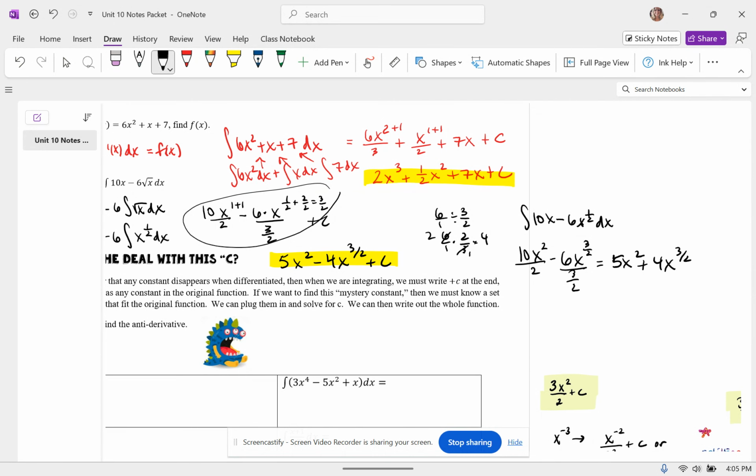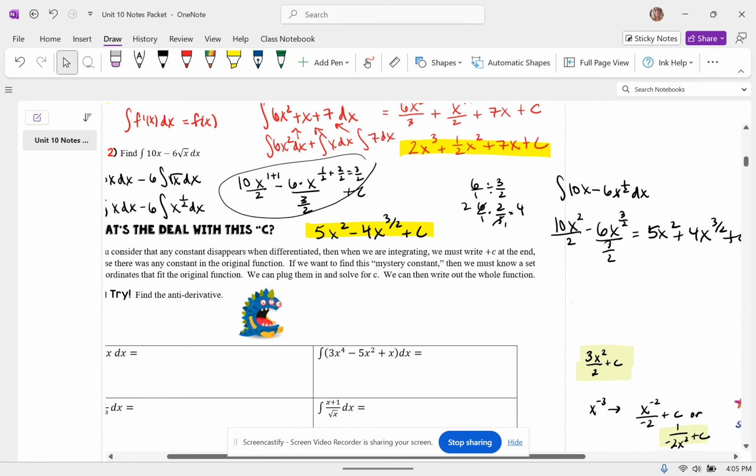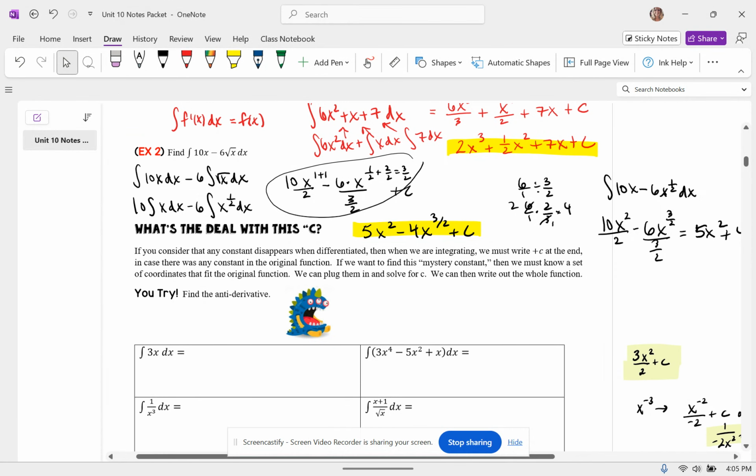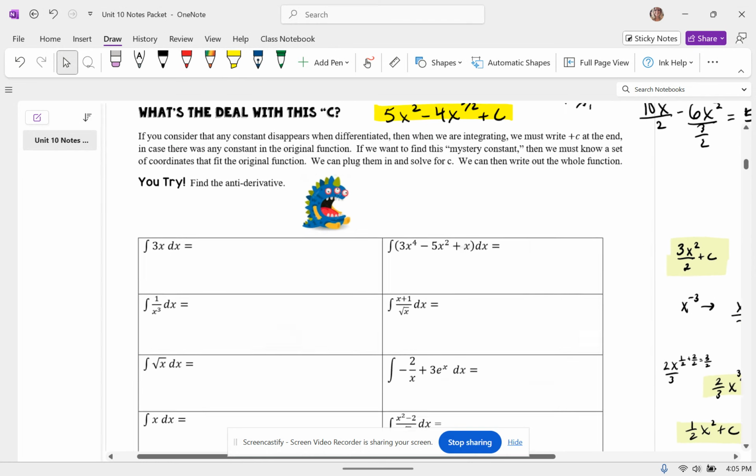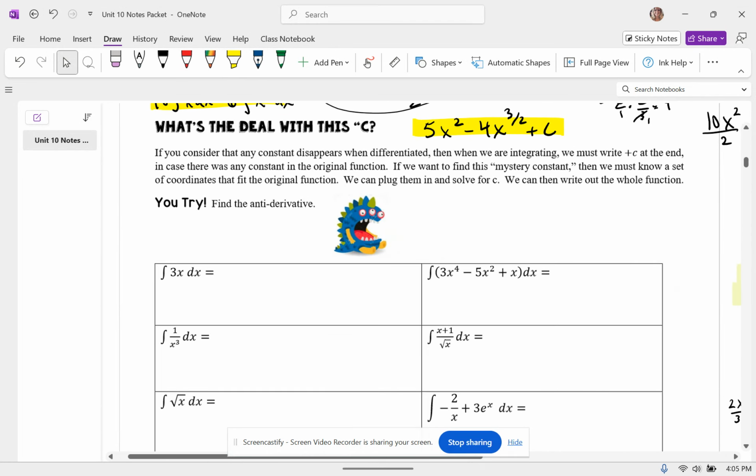So sometimes it's worthwhile to split them up, sometimes it's not. It's totally up to you. What I mean by splitting up is like this would be it split up, this would be it just going right ahead with it, okay? So go ahead and try these here.